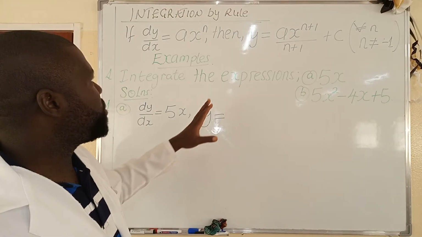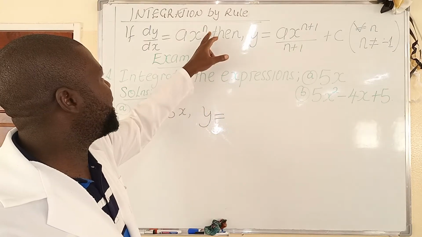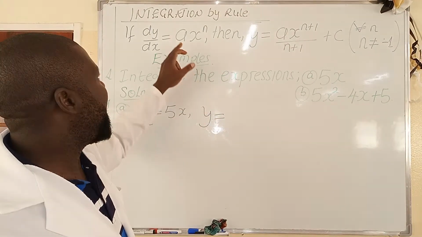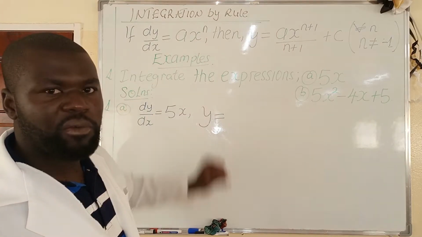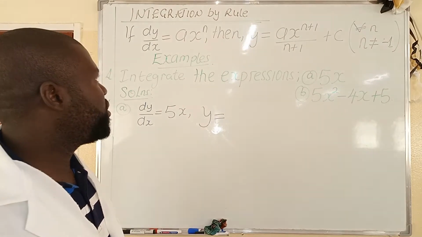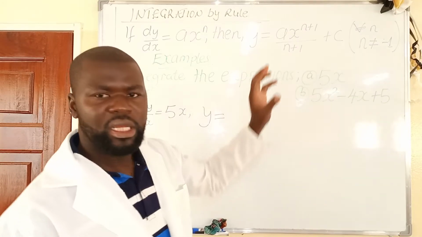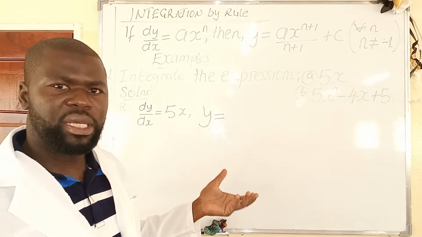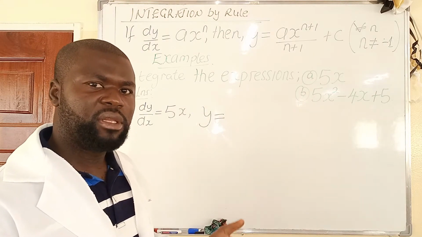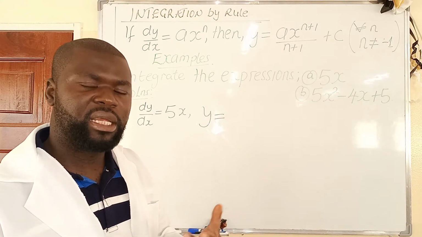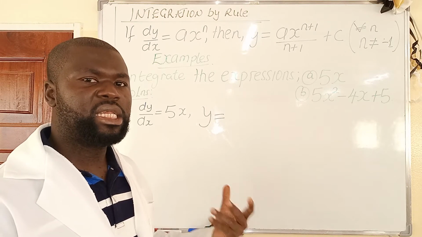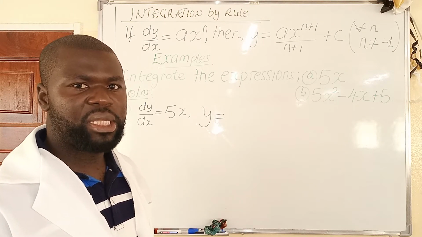So we need to identify our n, which is the power of a particular term, and the coefficient of the variable whose power is n. The summary of the rule is you add 1 to the power, then you divide by the new power, then you add the arbitrary constant c.